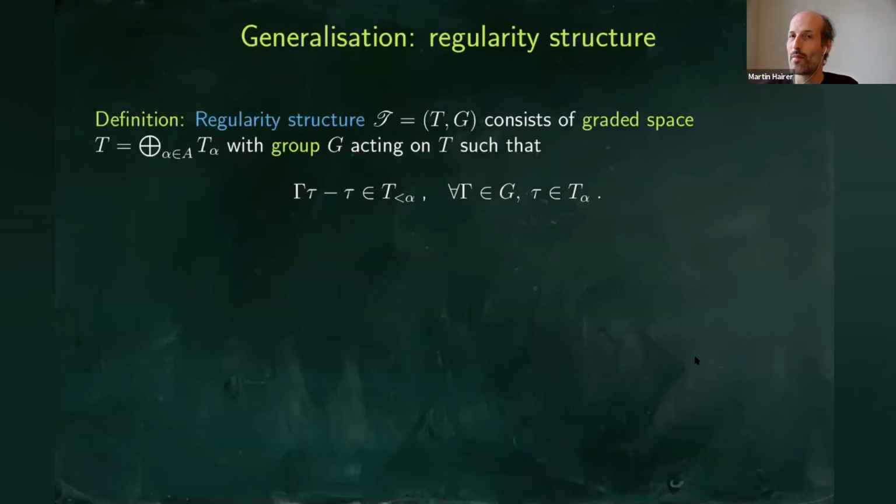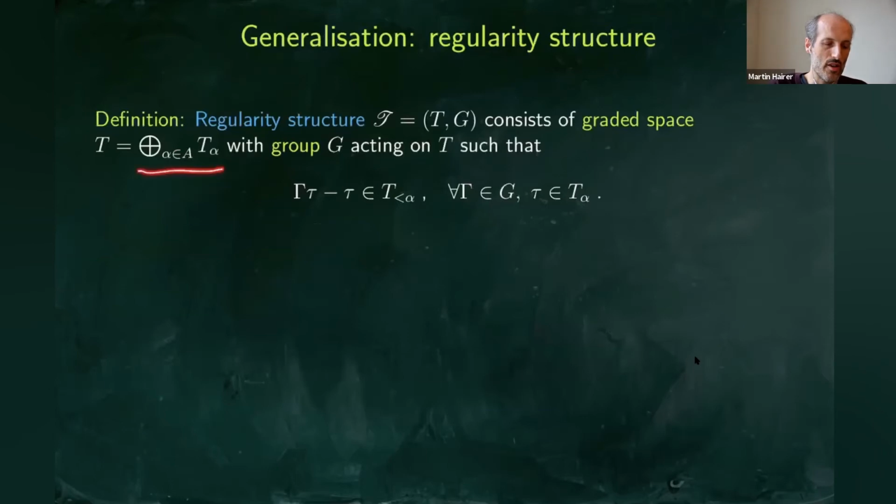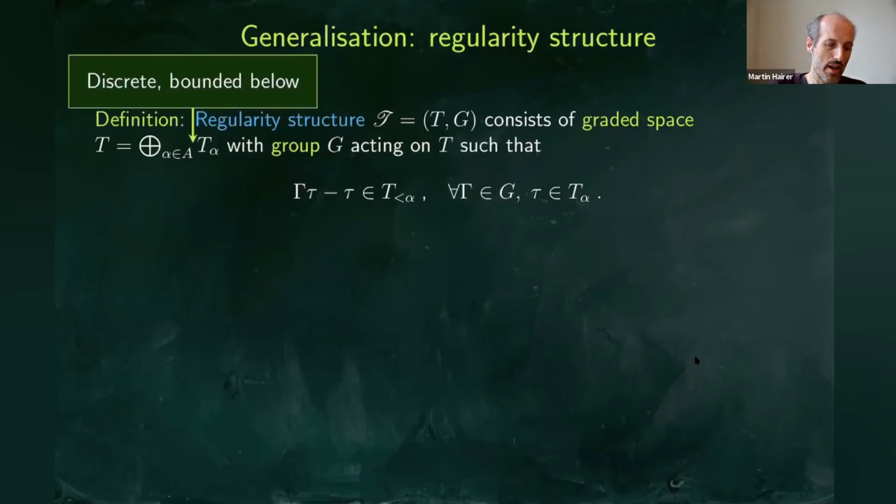So you start with a graded space, which is the analog of this ring of polynomials. But the grading doesn't need to be by integers. In general, my grading needs to be discrete and bounded below, but it doesn't need to be an integer grading. So you could have negative degrees, for example.